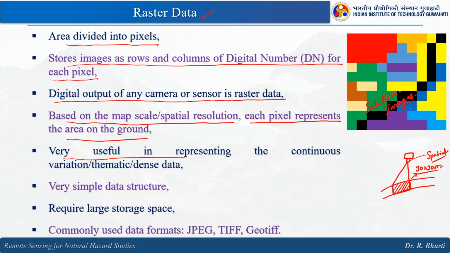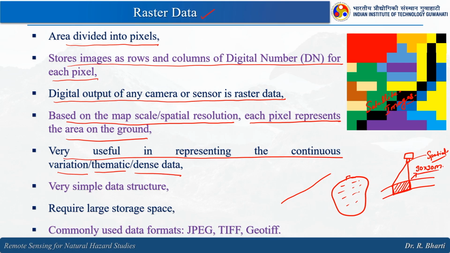It is very useful in representing the continuous variation or thematic or dense data set. So, if you have continuous variation, I gave you one example that if you take the boundary of a lake, this raster data is not a good option. Why? Because if the pixel is like this, then here half of the pixel will be land, half of the pixel will be water.